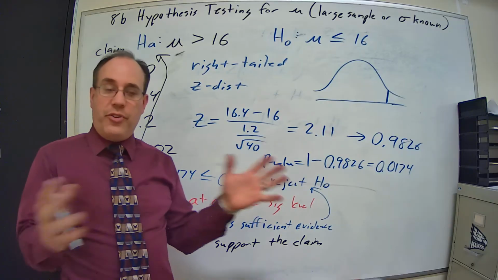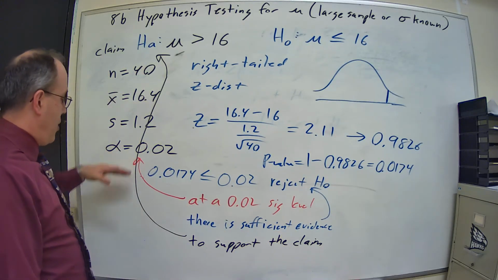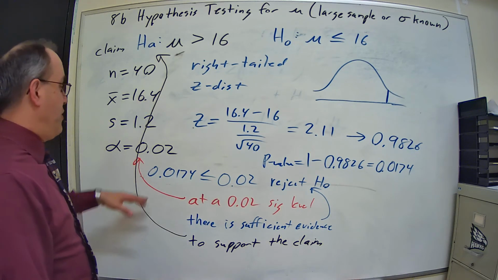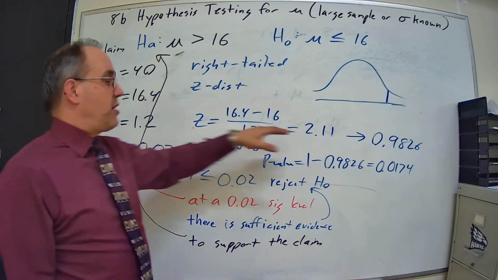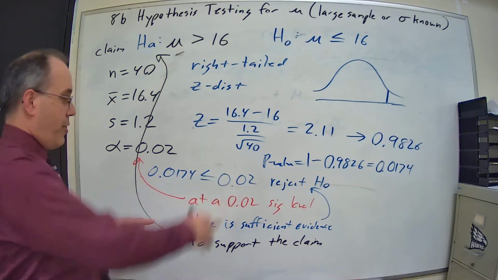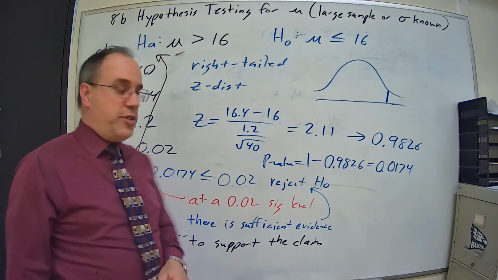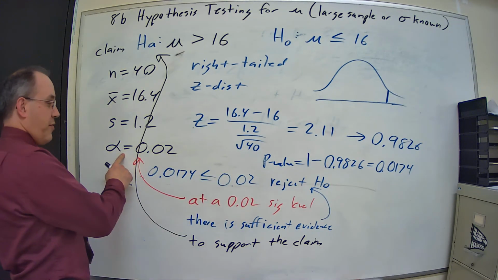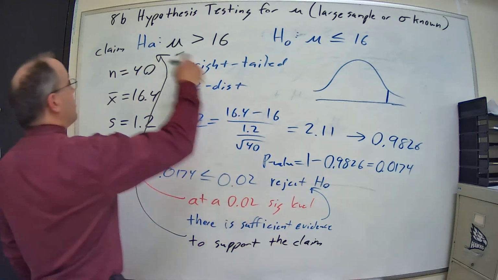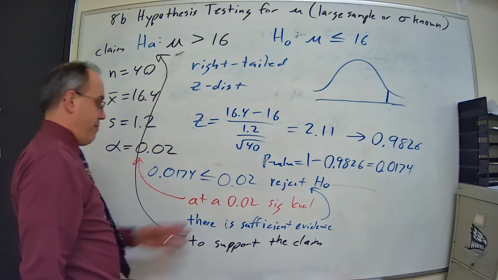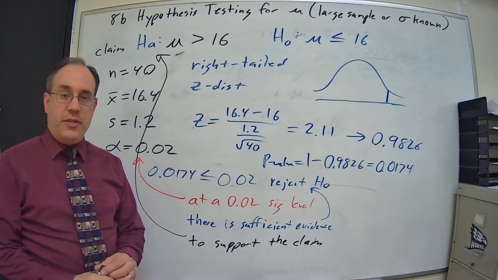That's what we built that little table for, with reject null hypothesis, fail to reject null hypothesis, claim is the null hypothesis, claim is the alternative hypothesis, to bring these pieces together. So we just look and go, at a 0.02 significance level, there is sufficient evidence to support the claim. And we have the pieces.